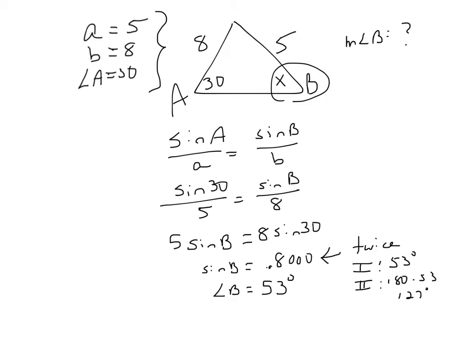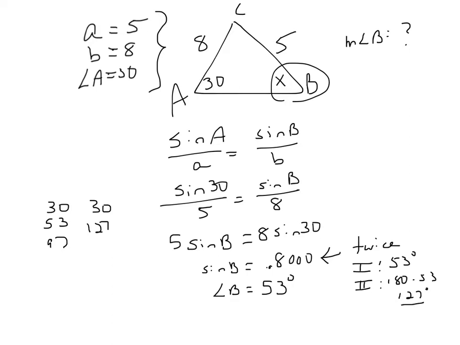The first triangle will have angles of 30, 53, which adds up to 83, and then the third angle at C, if you will, I'll put a little C up here, will be 97. So there's one triangle. The other triangle will have the given 30, but it'll have a second angle at 127.